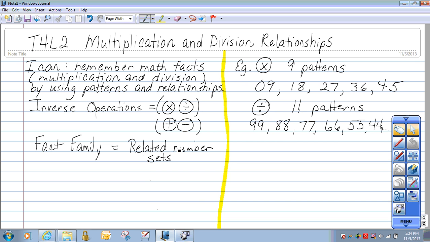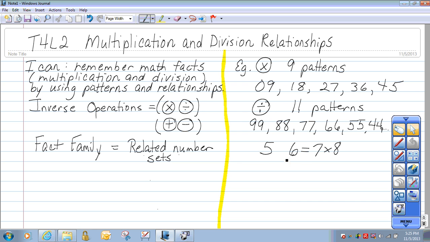As an example, some people think that 8 times 7 is one of the harder math facts to remember. But if you learn it in a particular pattern, it makes it very easy for you. For example, let's count 5, 6, 7, 8. 56 is equal to 7 times 8.